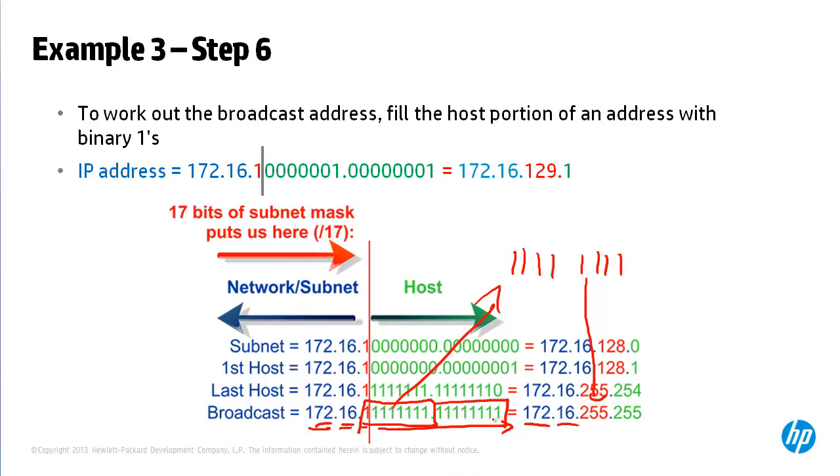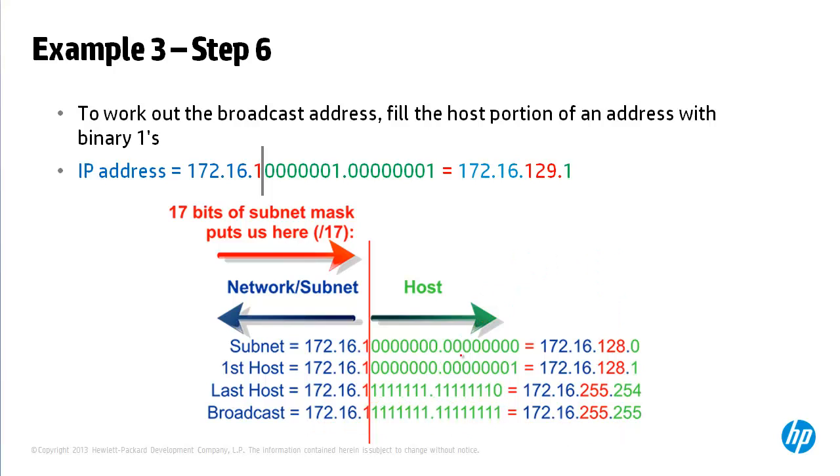The last octet is the same, 8 binary 1s, which means 255. So the broadcast address for 172.16.129.1 is 172.16.255.255. For this host, we've answered the questions: subnet address, first host address, last host address, and broadcast address.